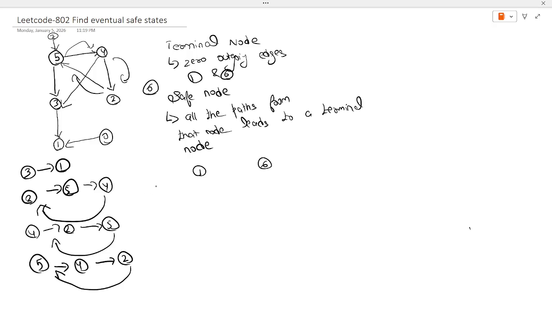So one path is we can reach 1 via 7, 5, 3, 1. Another path is 0, 1.